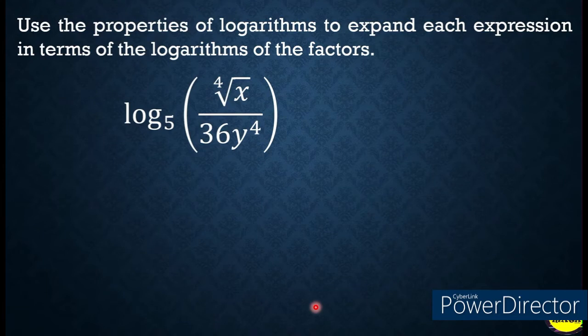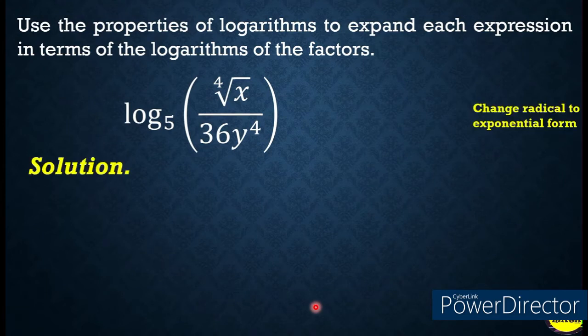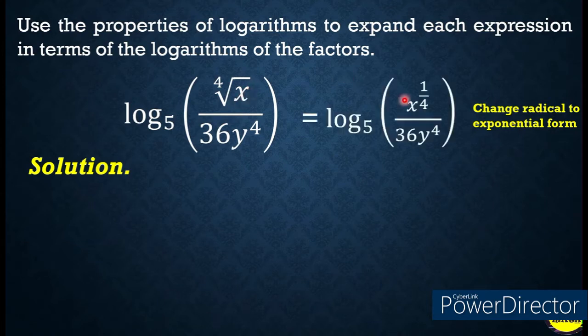So, unang gagawin nyo dyan, i-change muna natin yung radical sign natin, itong sa numerator natin, to exponential form. So, paano ba natin i-change into exponential form? So, ano yung exponent ng x? That is 1 over 4. So, x raised to 1 over 4 all over 36y to the 4th power.